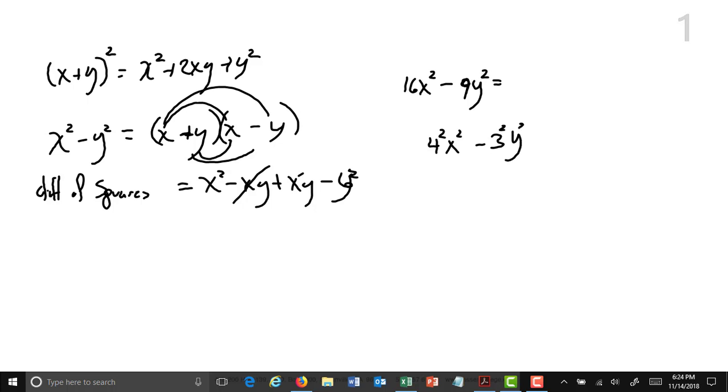Do you see that? Somebody say they see it. I just changed 9 to 3 squared, which is still 9.